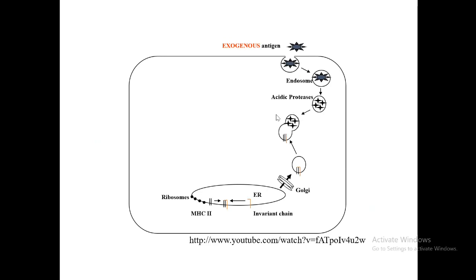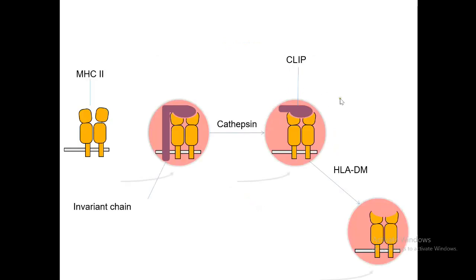And when it interacts with the endosome, it starts to get cleaved by cathepsin S. What cathepsin S will do is start to prepare the removal of invariant chain. So it'll remove a segment of invariant chain, but it'll leave a component called CLIP, which will ensure that the MHC2 antigen binding region is still covered.